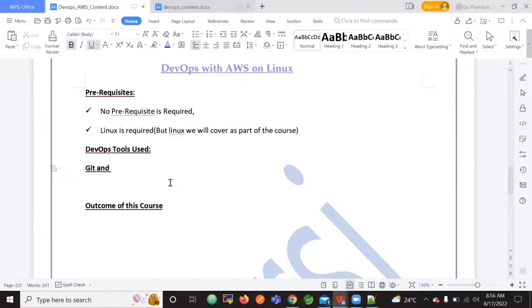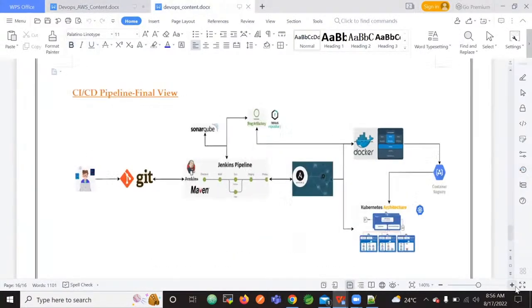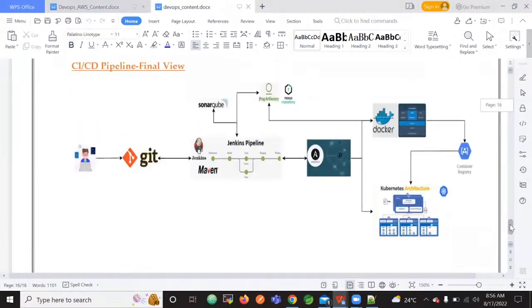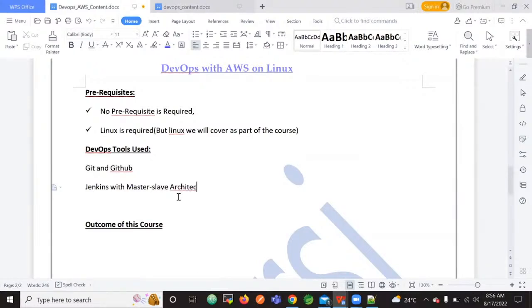So Git and GitHub. Let us go to our architecture diagram. Hope you will be able to see this architecture diagram. What we are using: Git and then GitHub. Then we are using Jenkins with the master slave architecture, very helpful. Then Maven, right?